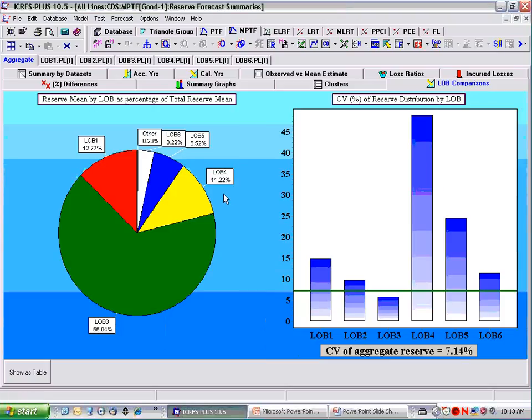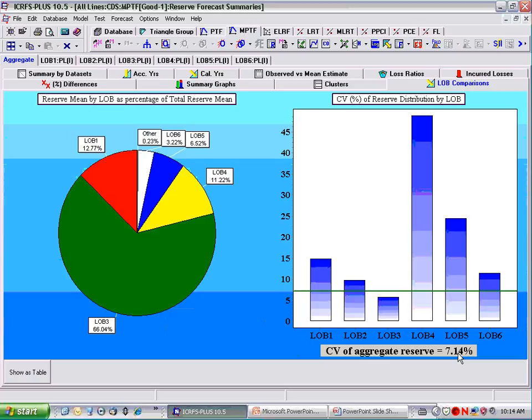And LOB4 is also 11.22% in terms of mean reserves to the total reserves, whereas the CV of the aggregate is 17.14%.